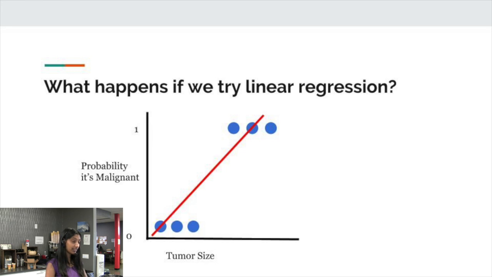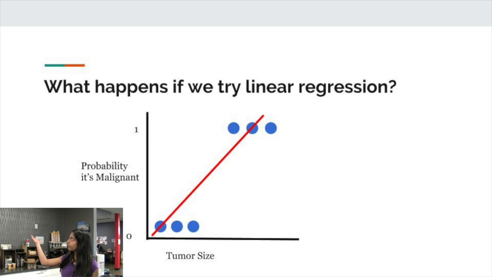Right. So, can anyone guess what happens if we try straightforward linear regression on this graph? Okay, so there's actually a problem if we try just straightforward linear regression without doing anything to it on this graph.